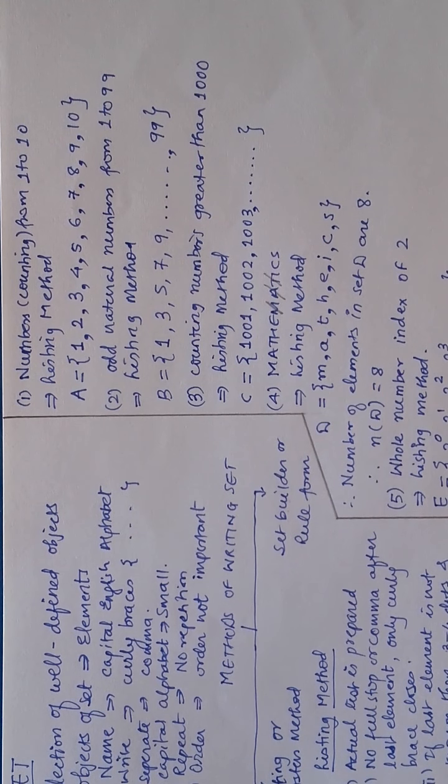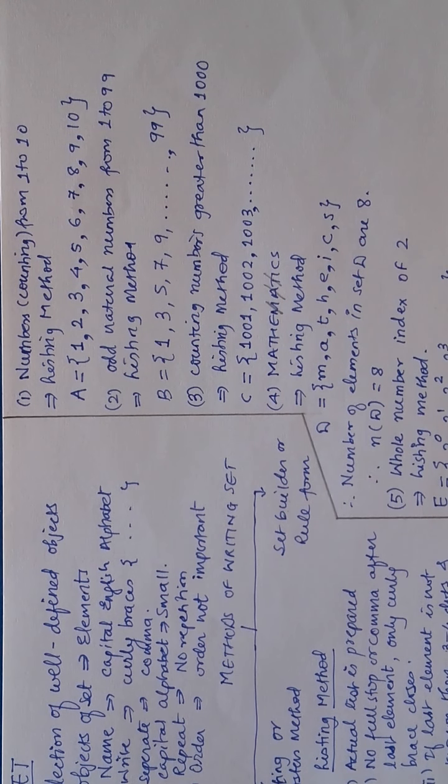Now coming to example number 1: counting numbers from 1 to 10. In listing method, we write A equal to curly brace 1, 2, 3, 4, 5, 6, 7, 8, 9, 10. After the last element, no full stop, only the curly bracket closes. Second, odd natural numbers from 1 to 99.